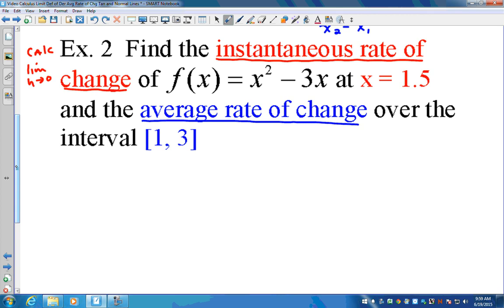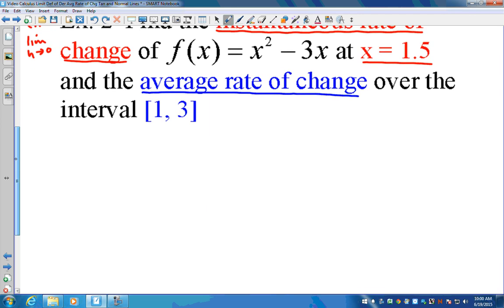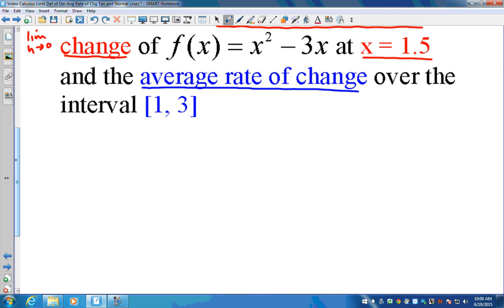What's the instantaneous rate of change of f of x equals x squared minus 3x at the point 1.5, at x equals 1.5? All right, so let's see here. That is going to be found by finding the limit as h approaches 0 of f of x plus h minus f of x all over h. Okay, this is a formula that you need to memorize.